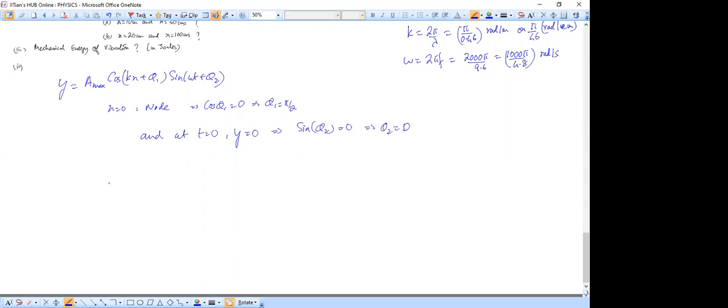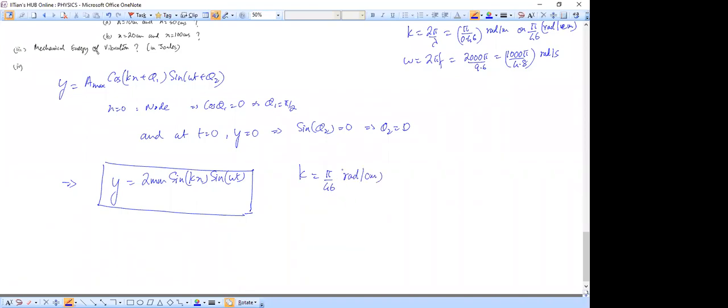Okay. So y will become 2 millimeters sine kx sine omega t type of term, where you can see that k will be pi by 46 radians per centimeter, and omega can be written in many different ways, but I'm writing it like this: 1000 pi by 4.8 radians per second.